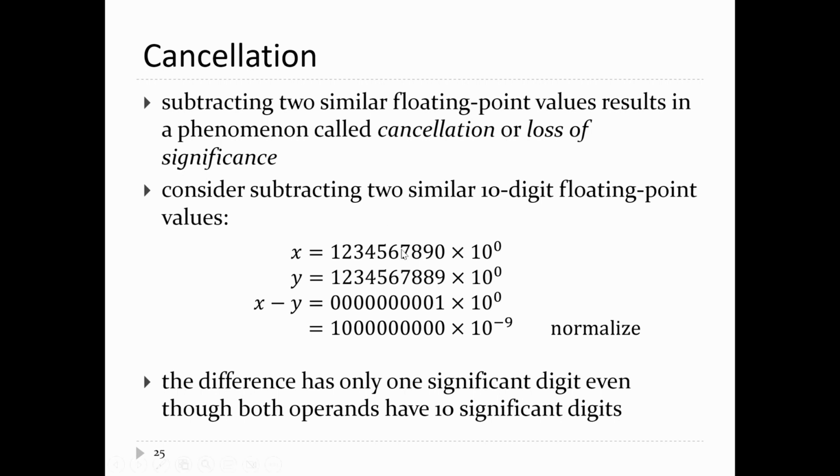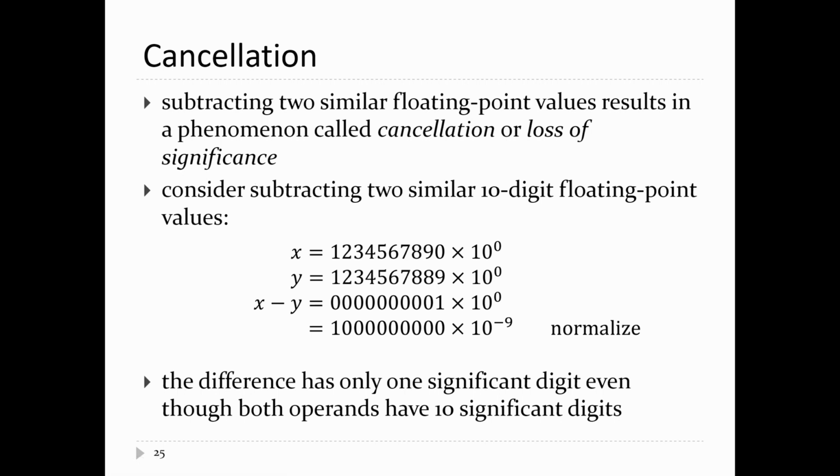If I take these two values and subtract them, I start out with 9 significant digits here and 10 significant digits here, and the result is a number with 1 significant digit. So even though both of my operands had lots of significant digits, the difference only has 1. That's what we call cancellation or loss of significance.